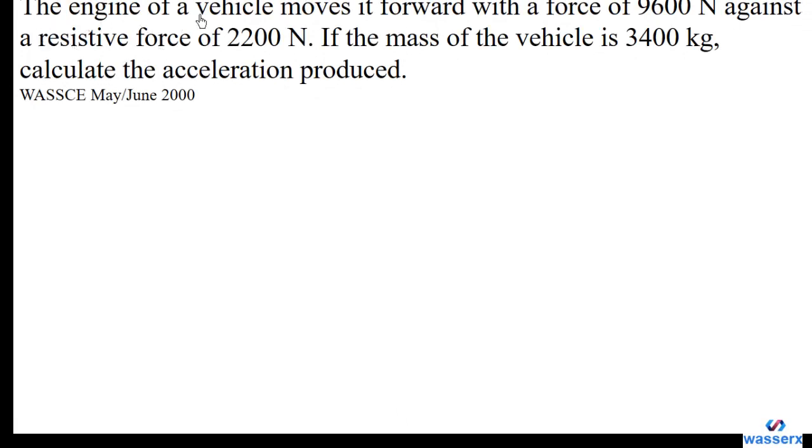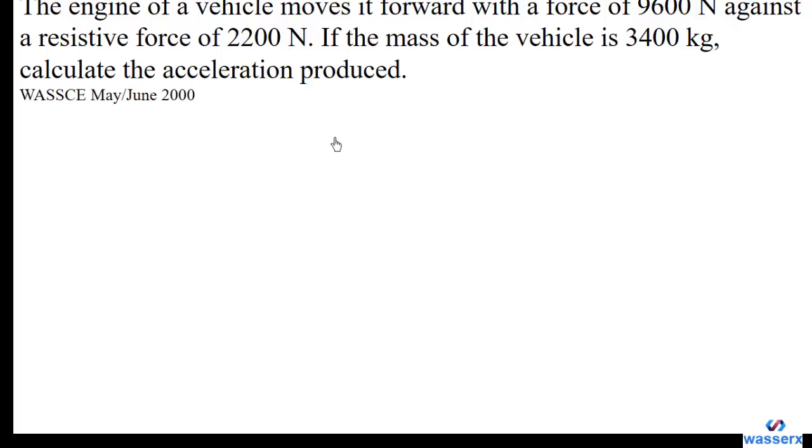The engine of a vehicle moves it forward with a force of 9,600 newtons against a resistive force of 2,200 newtons. If the mass of the vehicle is 3,400 kg, calculate the acceleration produced. So this is similar to the previous one.